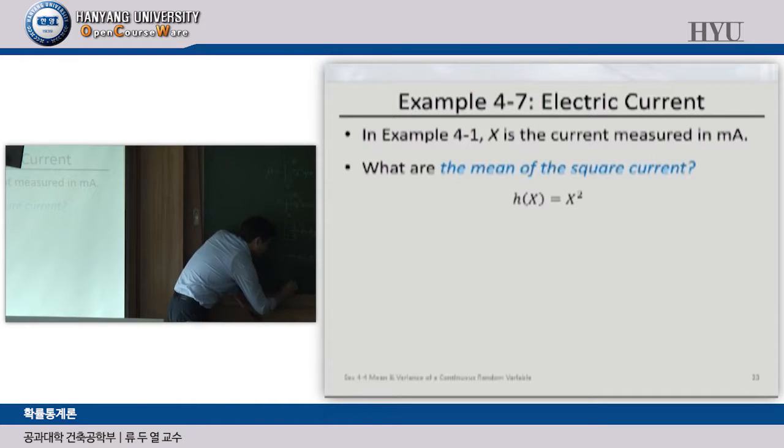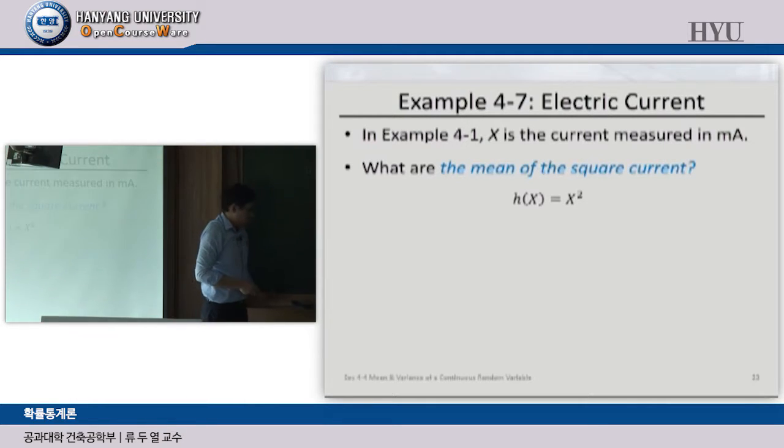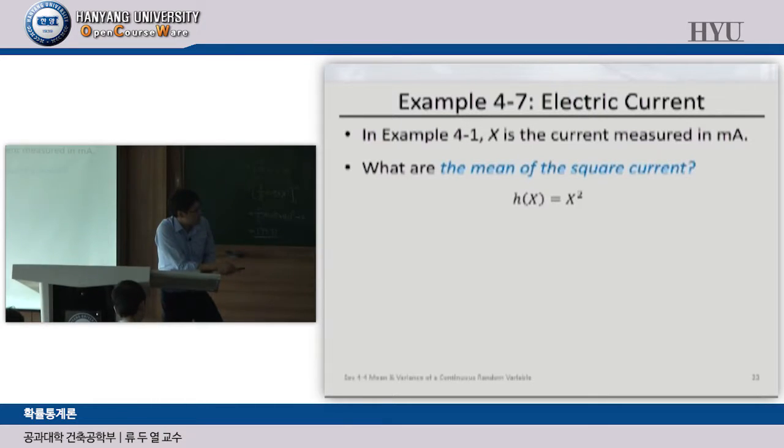That is equal to 133.33. So when we have the square current here, the mean for this case is 133.33. Okay?